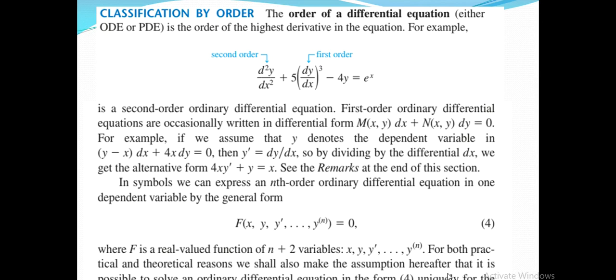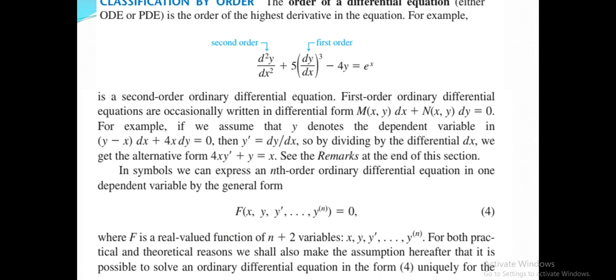Here F is a real valued function of n + 2 variables x, y, y′ up to y^(n). From y′ up to y^(n) are n variables, and x, y are 2, so this is n + 2.